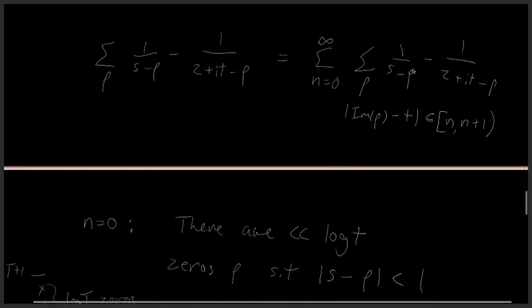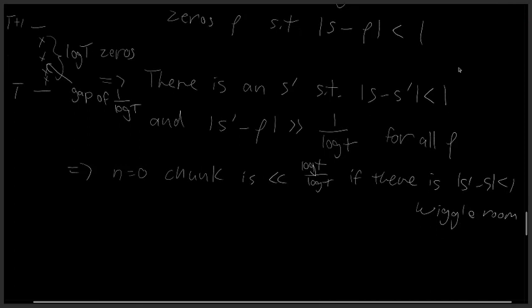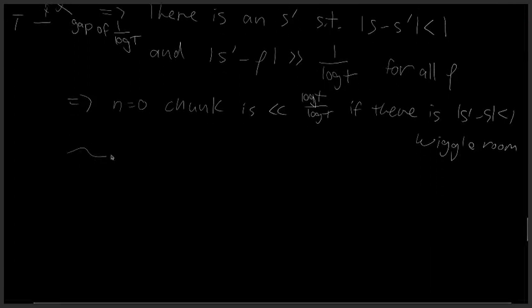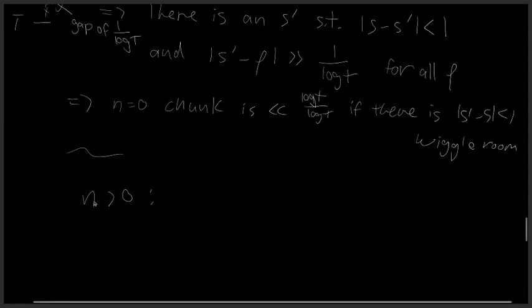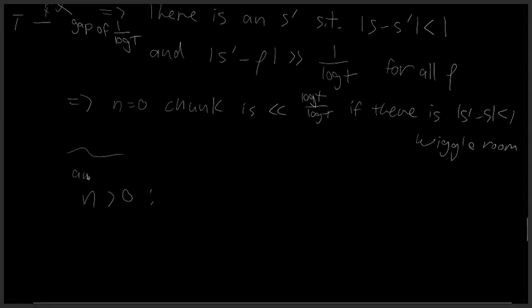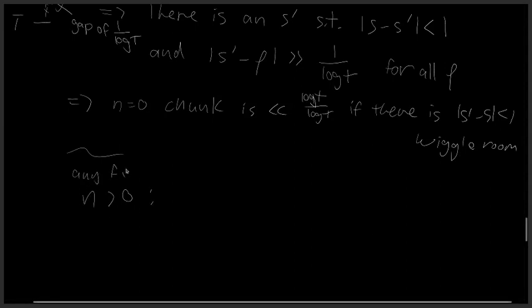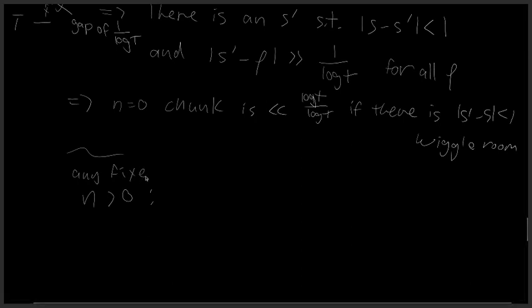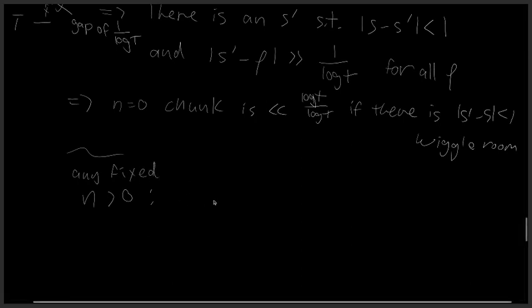And for the other ends, n from 1 to infinity, what we can do is look at this difference, and so this is for any fixed n strictly greater than 0.